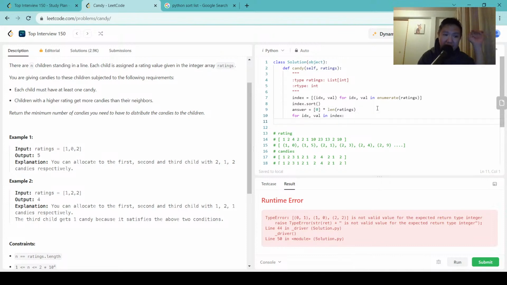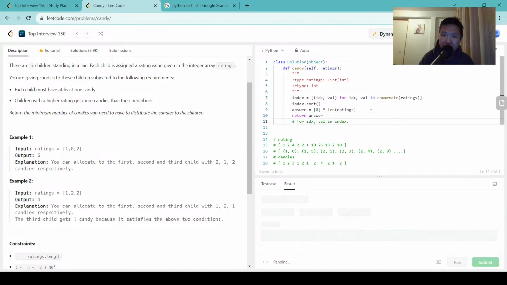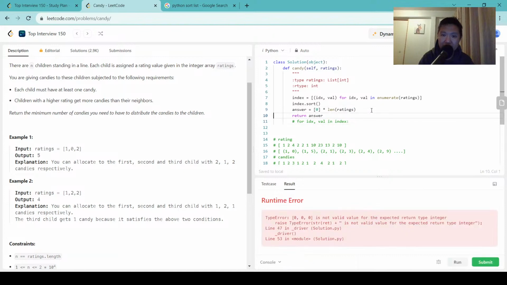When you multiply a list with an integer, it just multiplies this array a bunch of times. This would be 0, 0, 0. Yeah, exactly. This is what I want.